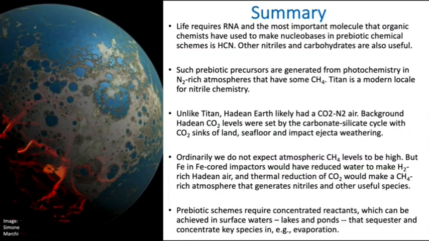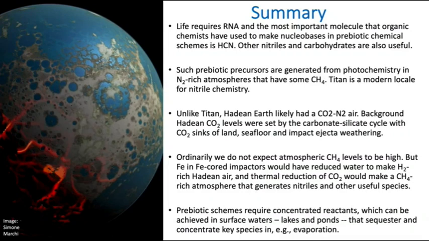So how do we have a suitable atmosphere to make nitriles on the early Earth? Well, when large impactors strike the Earth, their iron core can react with water and make considerable amounts of hydrogen, equivalent to many bars of surface pressure. In the process of heat and thermal reduction, CO2 gets converted to methane.